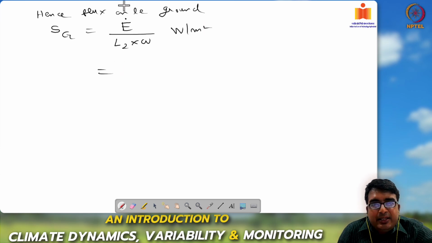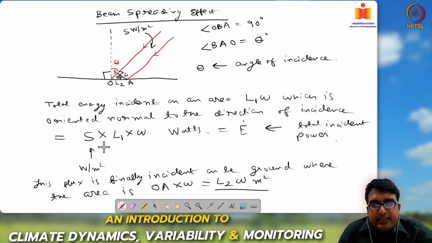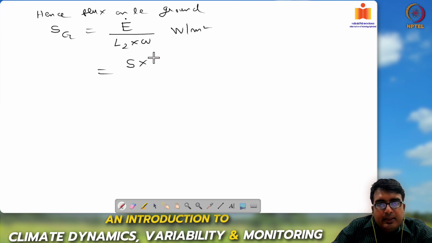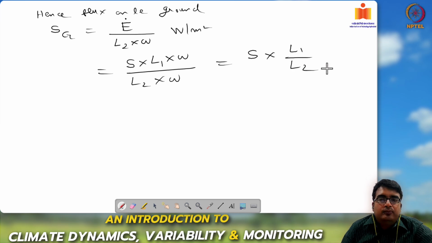Now what is this E dot? This is S into L1 into W. So this equals S into L1 into W by L2 into W, equals S into L1 by L2. Correct?